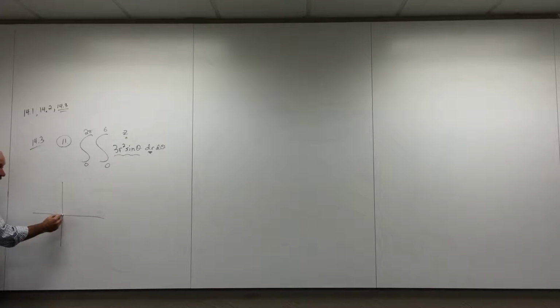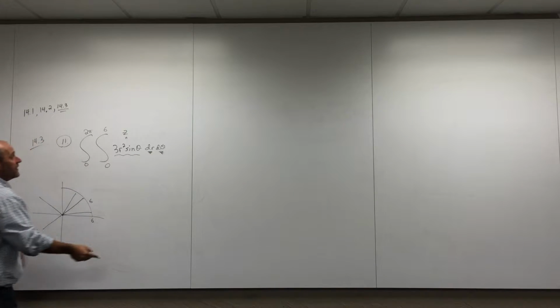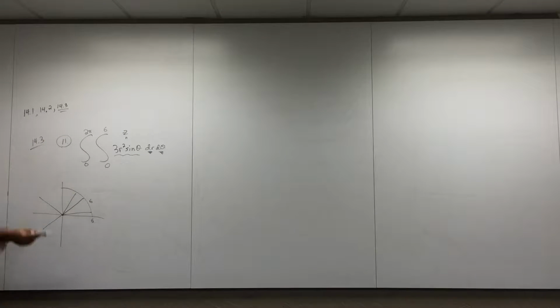So from 0 to 6 might be something like this, where you hit a radius of 6. Here's an r going from 0 to 6. Now, it does that while theta goes from 0 to 2 pi.